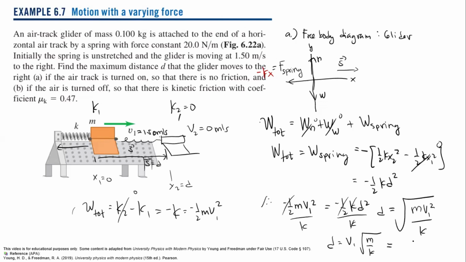So if we want to get d, our velocity is 1.50 meters per second, the square root of the mass, which is 0.1 kilogram, over the spring constant, which is 20.0 Newton per meter.